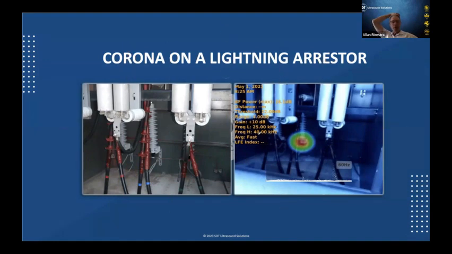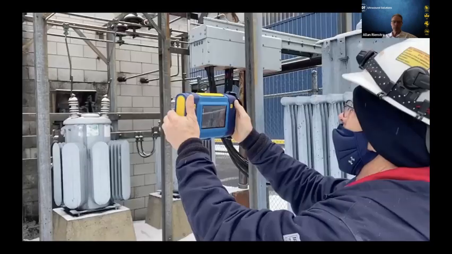Here we have corona that he picked up on a lightning arrestor. Here's a digital image, and right down in here, you can see it over here, just a bad connection. There's Craig right there using his acoustic imaging camera. This is supposed to be a video.